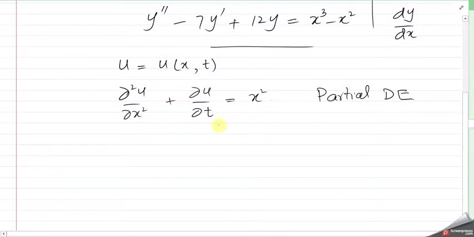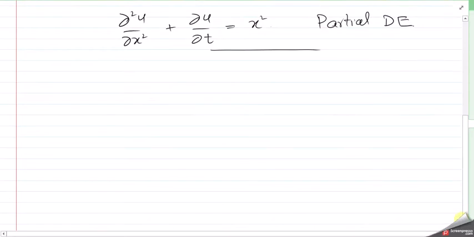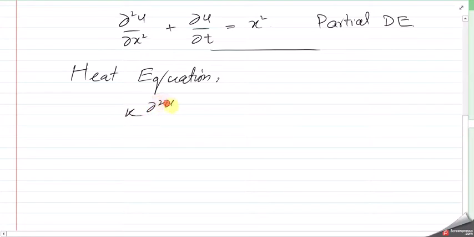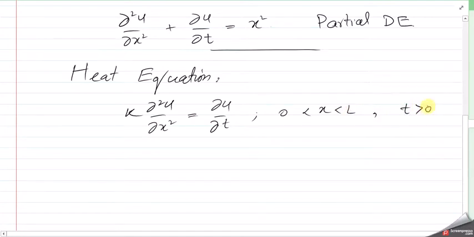t. There are different methods to solve partial differential equations, but we will only do one basic method, and we will start with a very famous equation called the heat equation, and we will use the separation of variables method. So the equation is k times partial squared u by partial x squared equals partial u by partial t, where x is between some range 0 and L and t is a positive number.